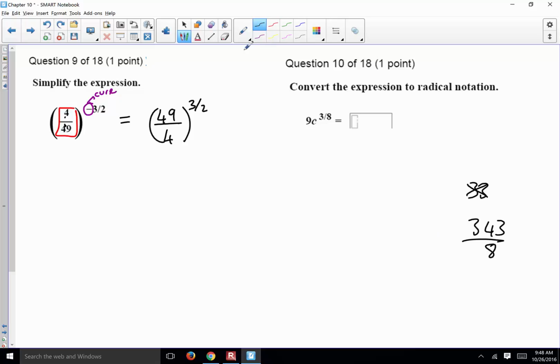No? Alright. First, I make a prison for it, but our inmate is whatever is the entire thing under the power. It's 49 over 4. Who is the guard? This is the guard. There is a number left over on the numerator, so it goes to the top.